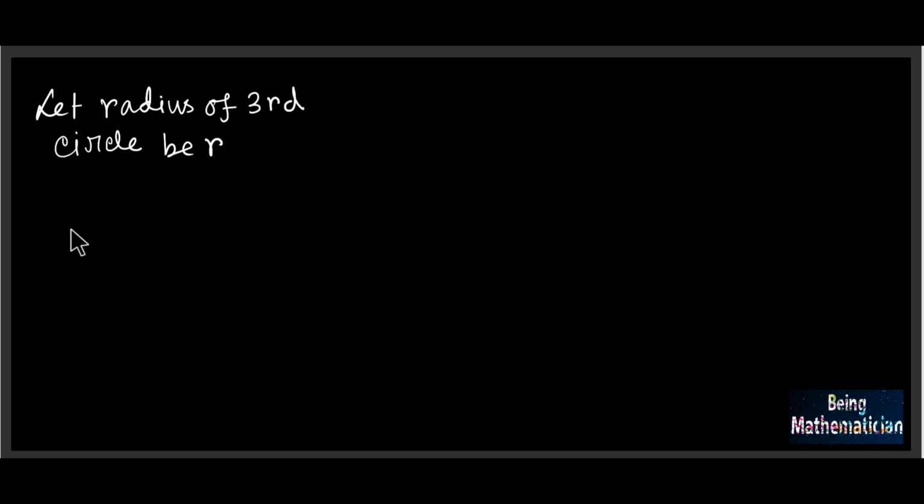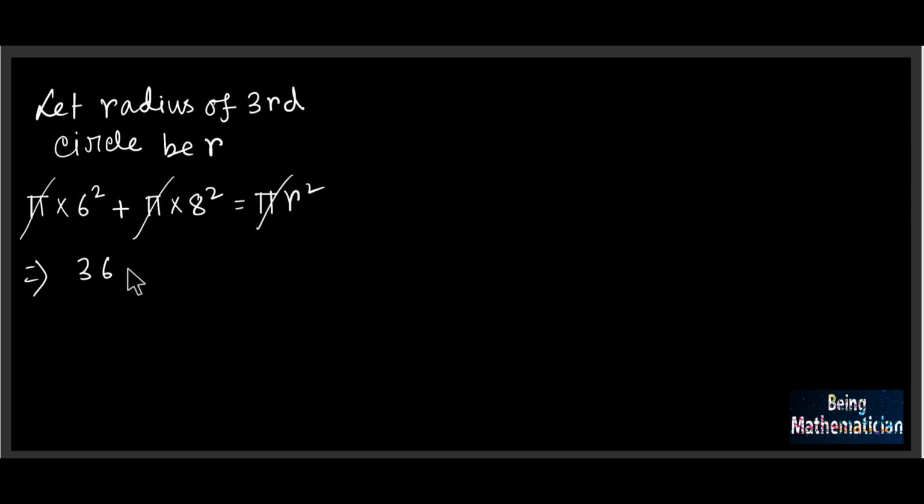So we can equate the given condition like that: pi into 6 square plus pi into 8 square, which is the sum of the areas of the circles, and it is equal to pi r square, which is equal to the area of another circle. So pi cancels out on both sides and we get 36 plus 64 equal to r square. Now r square is equal to 100. Now r is equal to 10 centimeter.